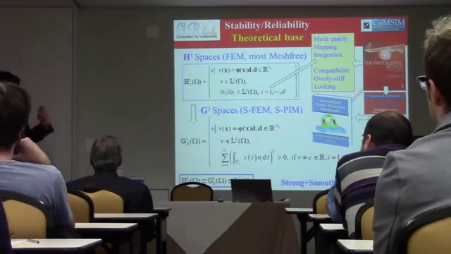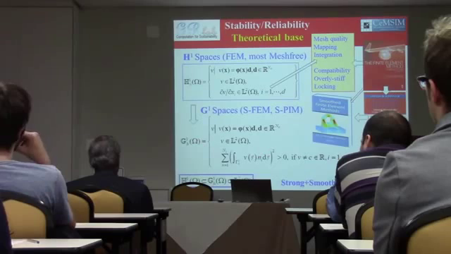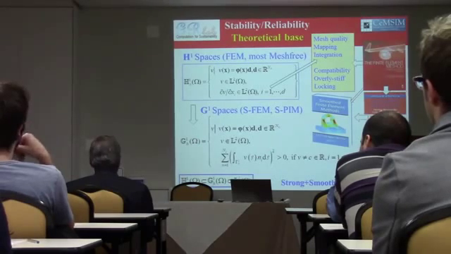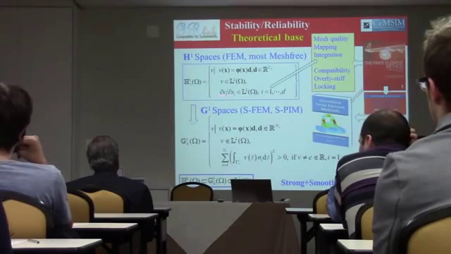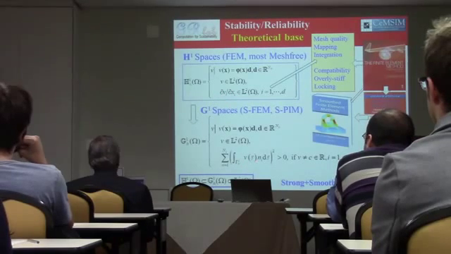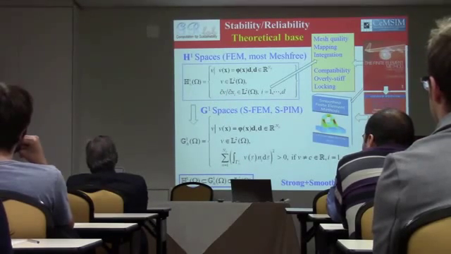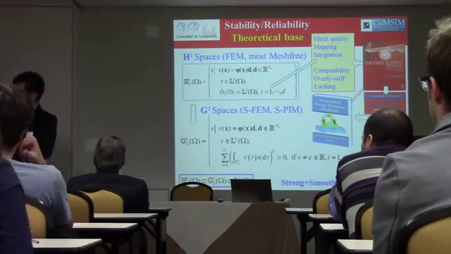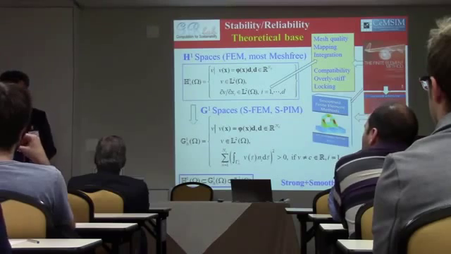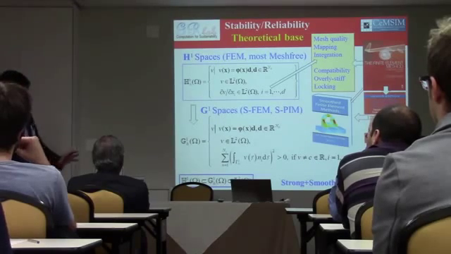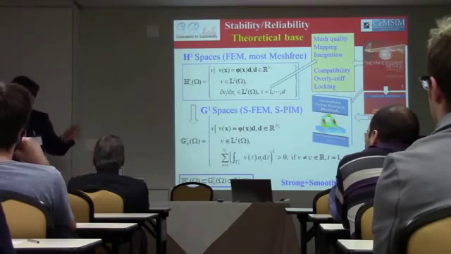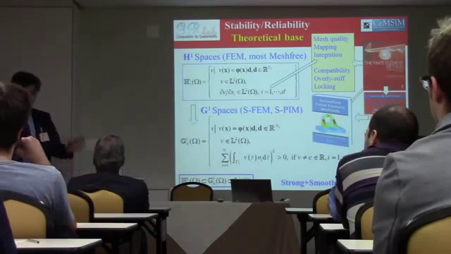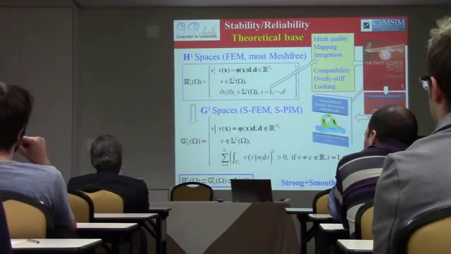Then this function will belong to the G1 space. By doing so, I actually didn't perform any differentiation on the functions. What I do is an integration. Which basically means that the requirement for the function that I create to build my numerical model is reduced. It's further weakened. So that's called weakened weak formulation.